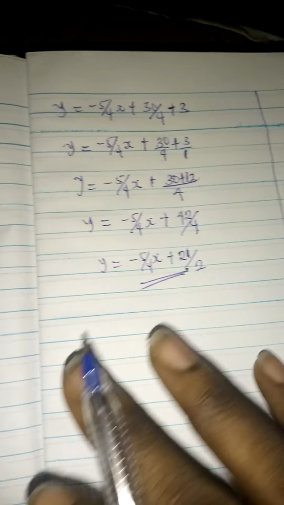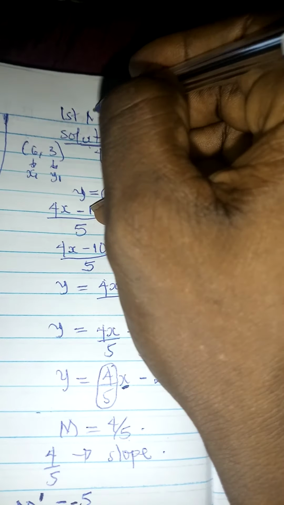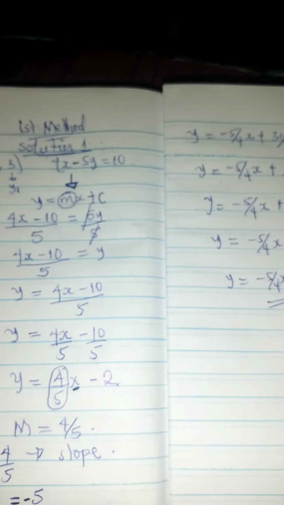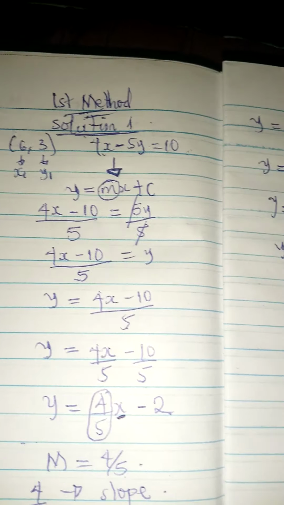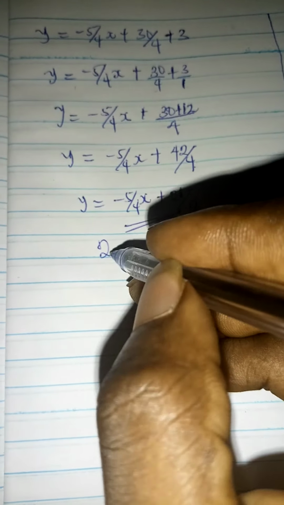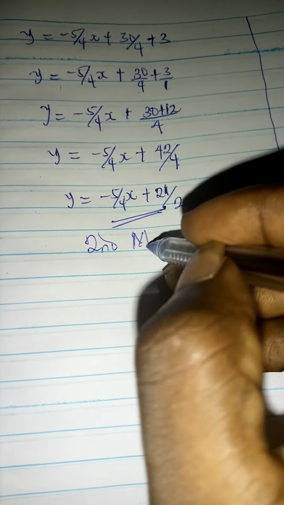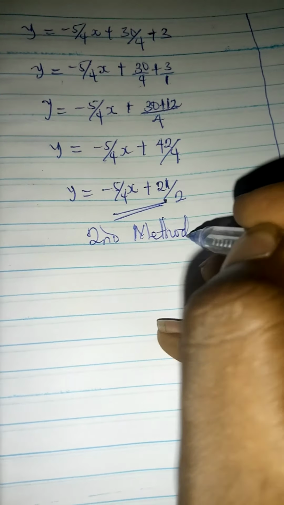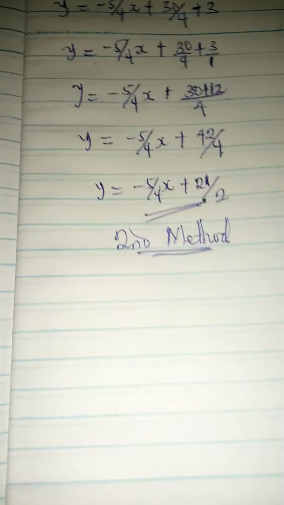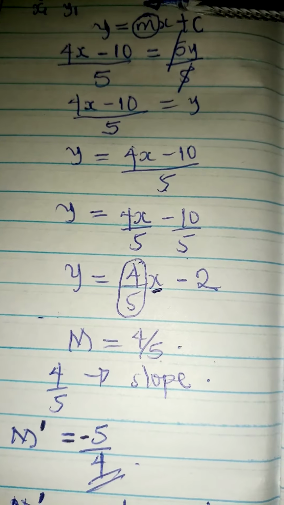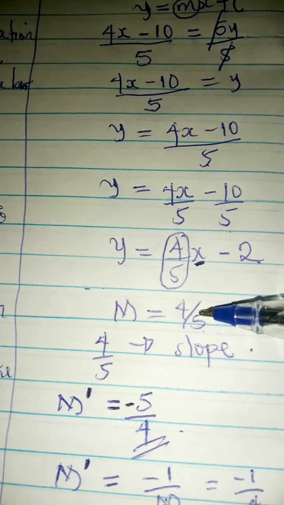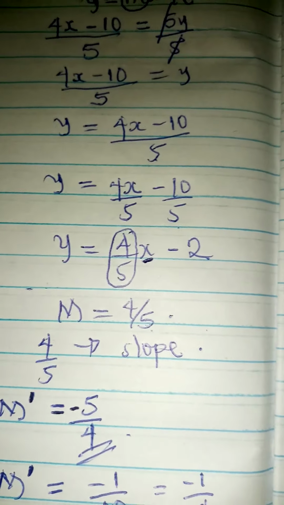Remember that is the first method to use. So we are going to the second method. Now in the second method, we still need to follow the same process in order for us to get the slope. Already we know our slope, so I don't need to waste time on that.